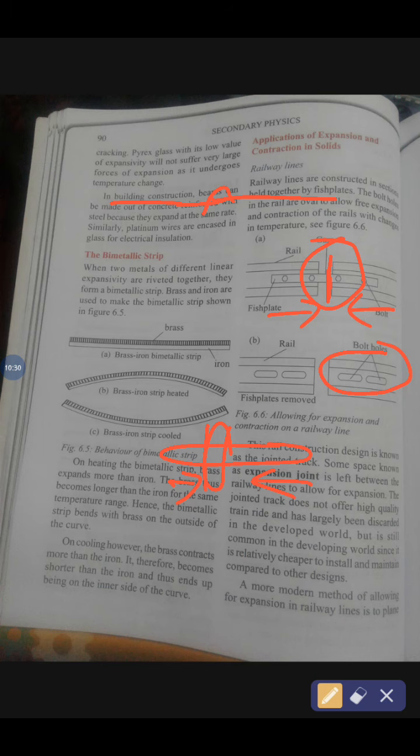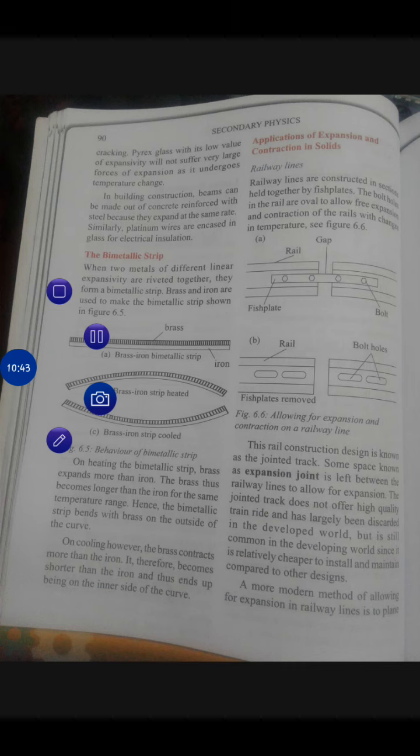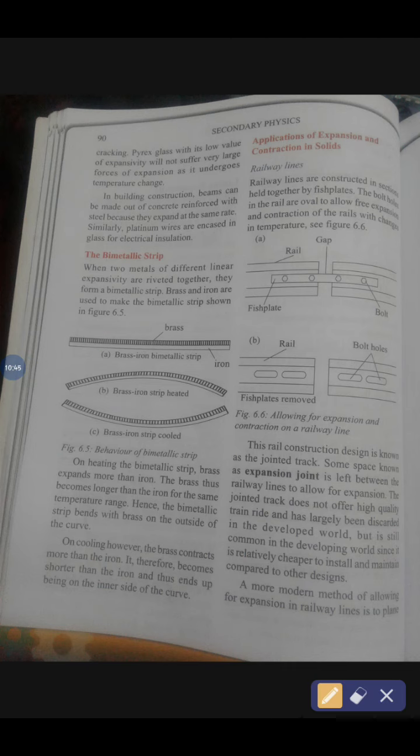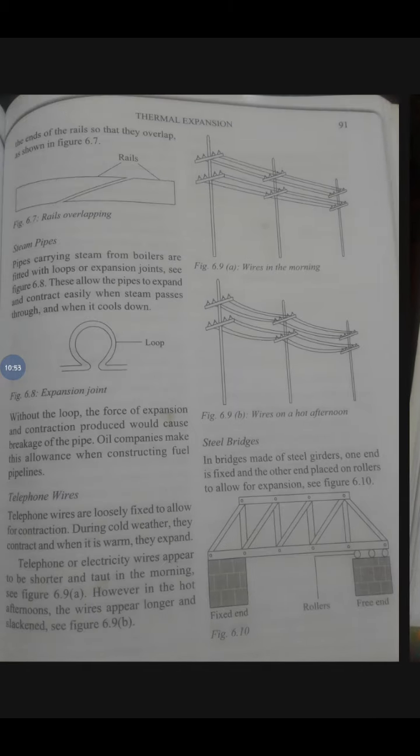So railway lines are made with gaps between them. These gaps allow for room for expansion to take place. They are also made with the bolt holes. The bolt holes are also helping in case of contraction or expansion, so that unnecessary pressure is not exerted on the rails.